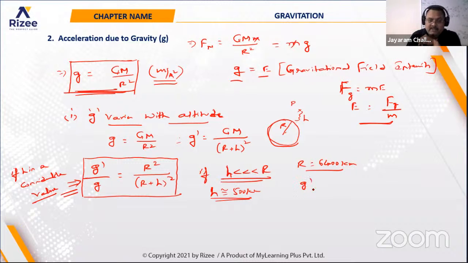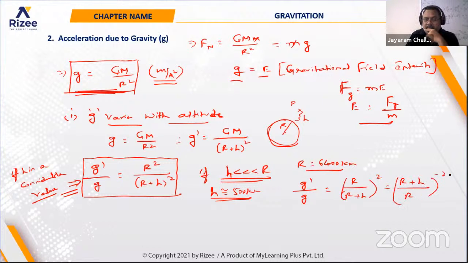Then we can write g dash by g is equal to, reciprocating them, R square by (R plus H) whole square, taking R commonly, R plus H by R whole to the power of minus 2. So g dash by g is equal to (1 plus H by R) whole to the power of minus 2.